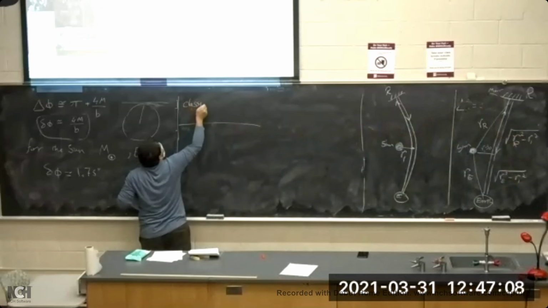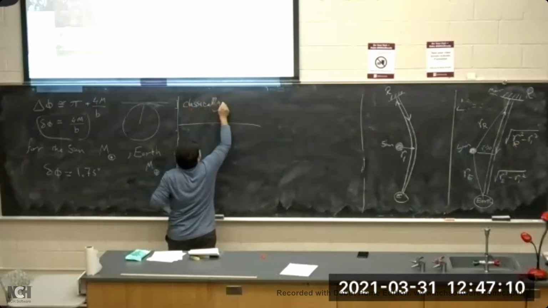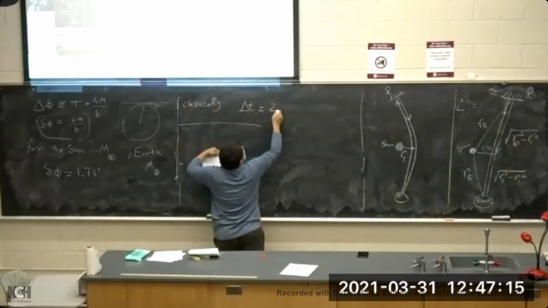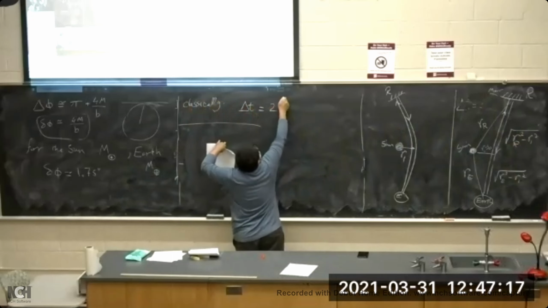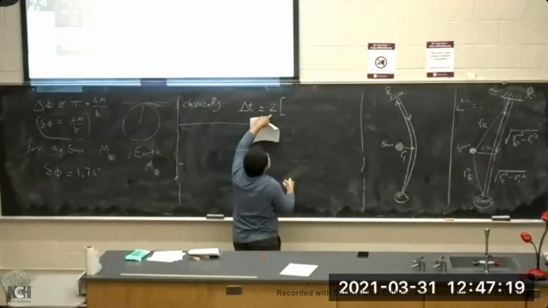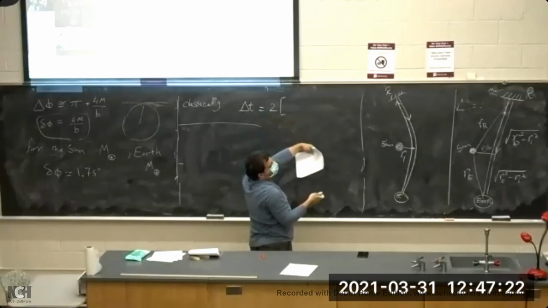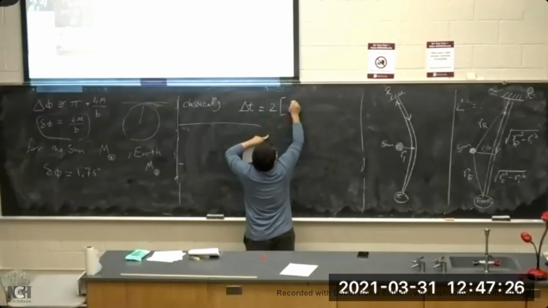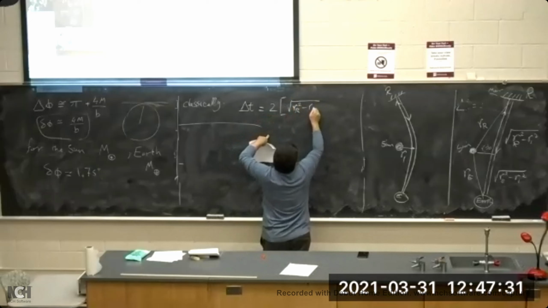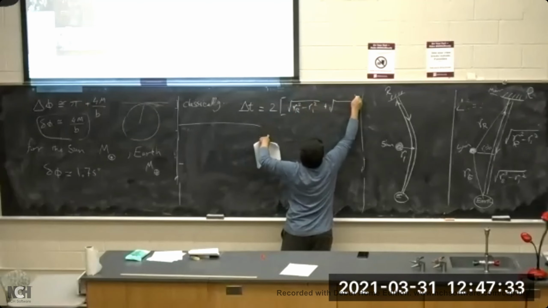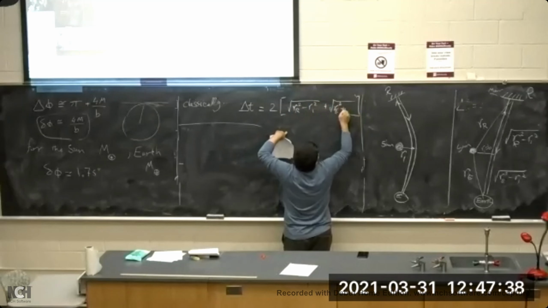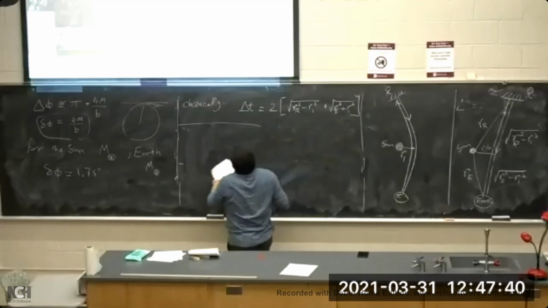Classically, delta t is equal to 2 multiplied by this distance, divided by the speed of light c, which is equal to the square root of R reflector squared minus R1 squared plus the square root of R earth squared, the distance from the sun, minus R1 squared.